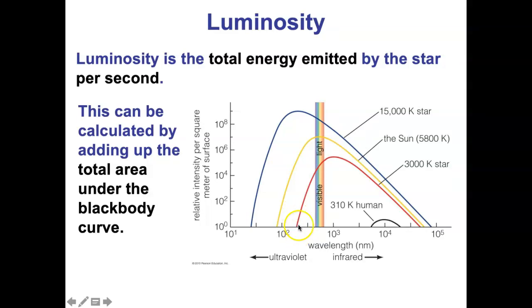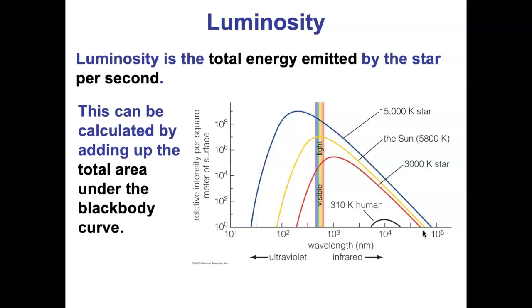If we add up, let's take this red star here. If we add up the light that it gives off at this wavelength, plus the energy of light it gives off at this wavelength, and that wavelength, and this wavelength. Basically, if we take the full area under this red curve, we will have added up the energy given off per second, added up across the whole spectrum for the star.